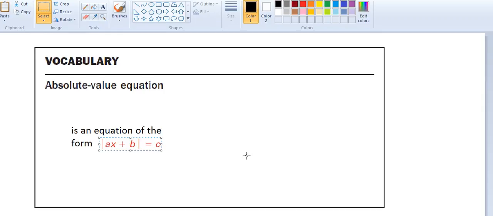The form looks like the absolute value of ax plus b, a number attached to an x plus a number, equals c, and c can be thought of as the distance.